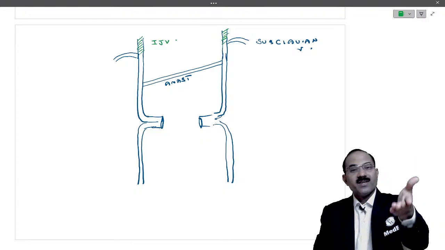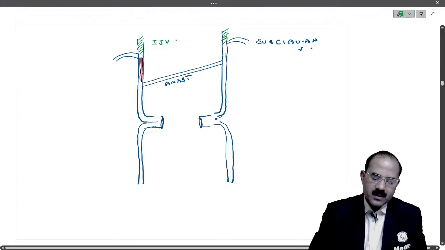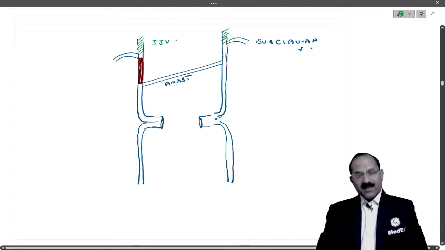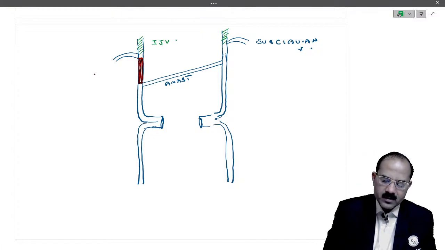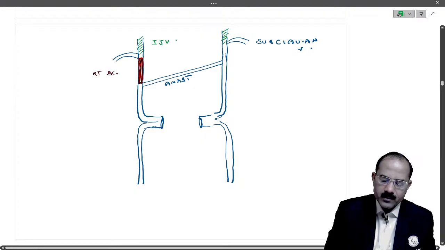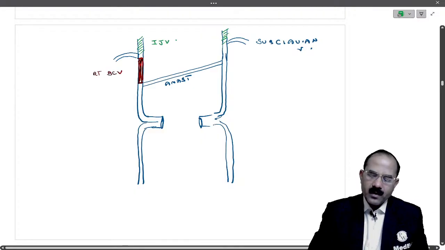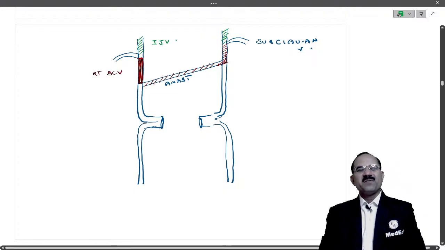Very good to all of you. You're answering very well. Now, children, tell me, what is this going to form? This is the anterior cardinal vein between the subclavian vein and the anastomosis, on the right side. This is going to form our right brachiocephalic vein. Now what will this form, children?